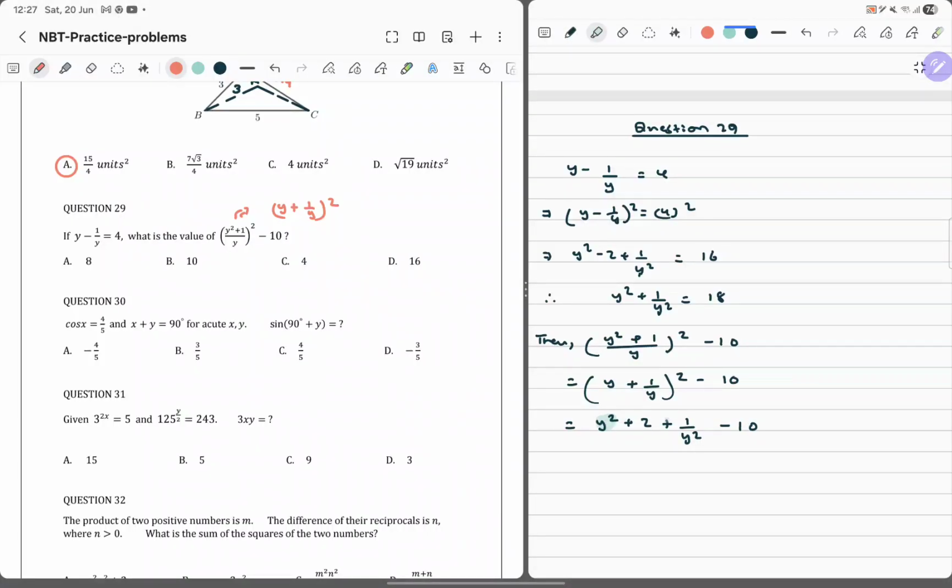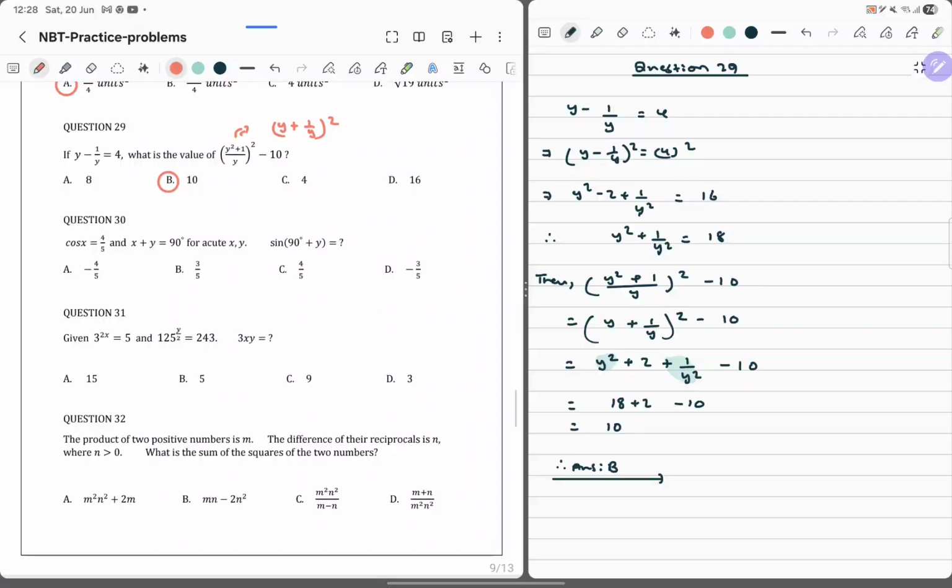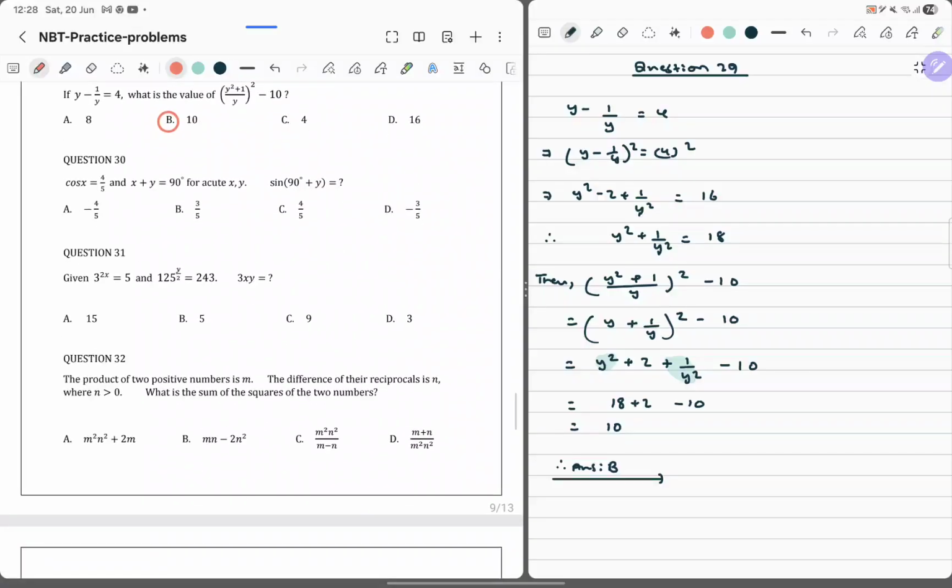Now we saw that this and that is 18. So this is now 18 plus 2 minus 10. So this is 20 minus 10, which is 10. Do we have that? B. All right. So therefore our answer is B. Okay, not a bad question. Let's move it. Move it.